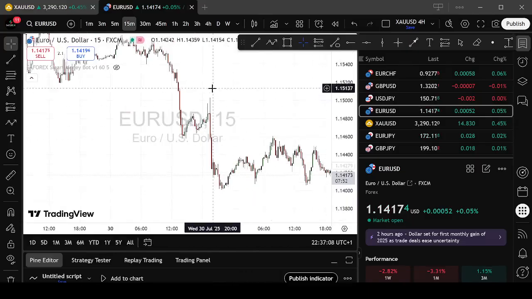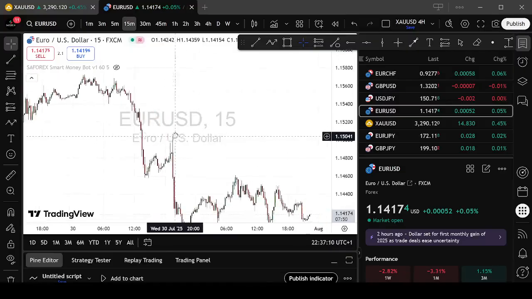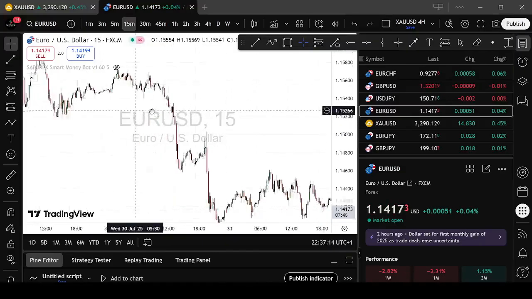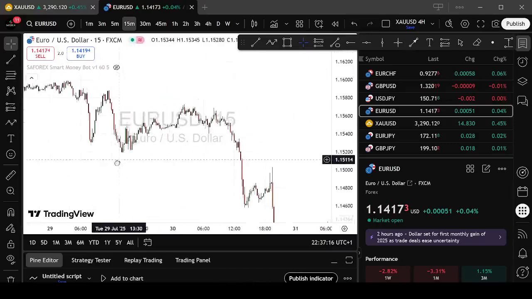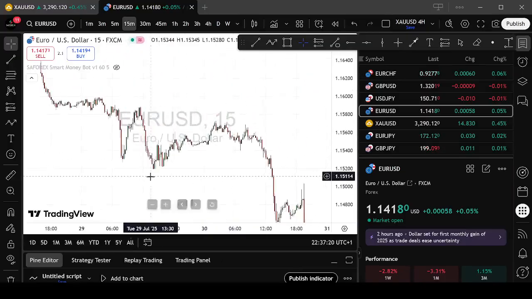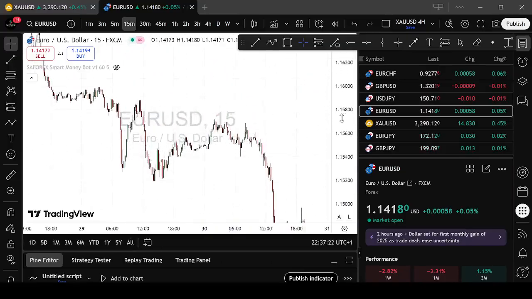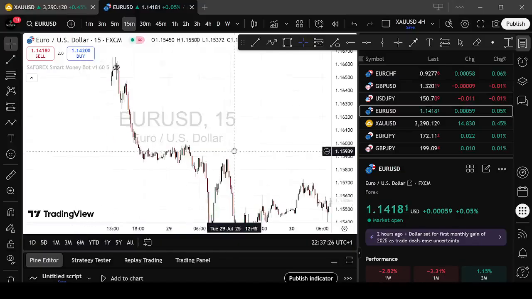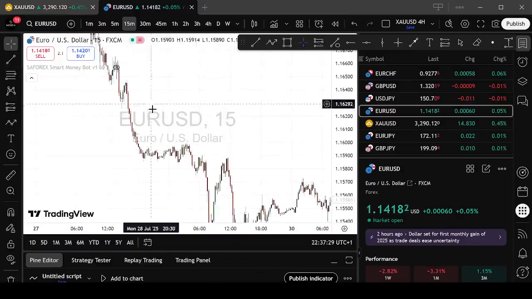USD has been bearish for a long period of time now. We're in a bearish movement. Okay, so let me see. You know what a trend line is, right? Let me just draw a trend line. Let's say the market is in a downtrend now.